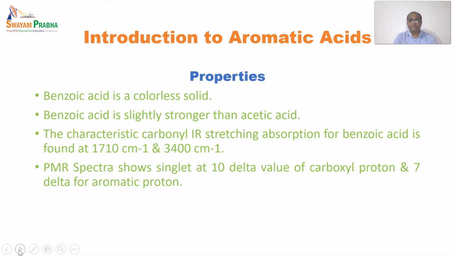Now coming to the PMR spectrum, or we can say the H1 NMR. PMR shows a singlet at almost delta value 10, and this singlet is of the carboxyl proton. The carboxyl proton shows that one singlet.